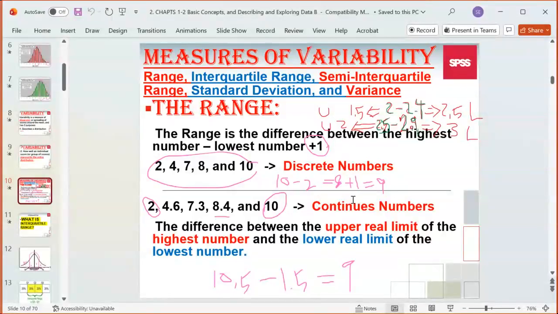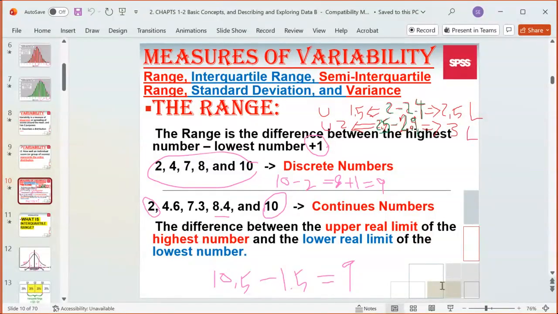But if you have a fraction like a decimal, then the way you measure your range is a little different. It goes by the difference between the upper real limit of the highest number and the lower real limit of the lowest number. The difference between these two.